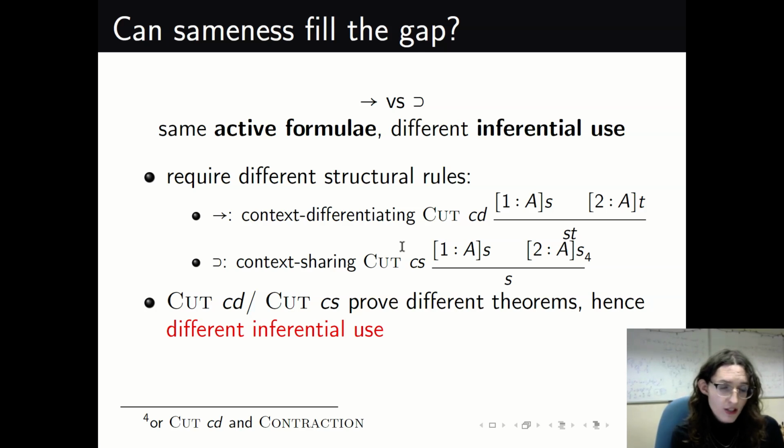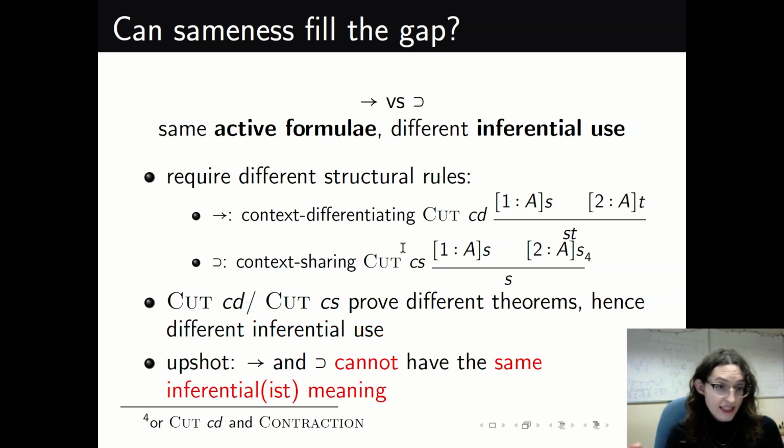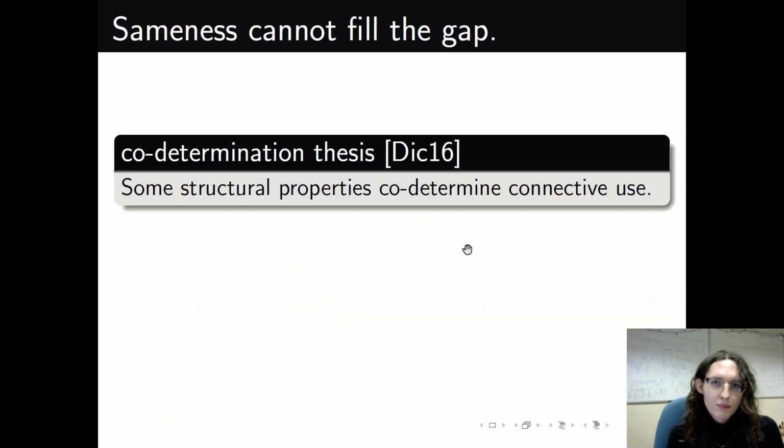So it seems quite natural that we make different inferences with the right arrow and the horseshoe rule. And as an upshot, right arrow and horseshoe can't have the same meaning according to inferentialism, and still sameness claims they do. This phenomenon is what Bogdan Dicher calls the codetermination thesis in his 2016 paper on meaning-invariant logical pluralism.